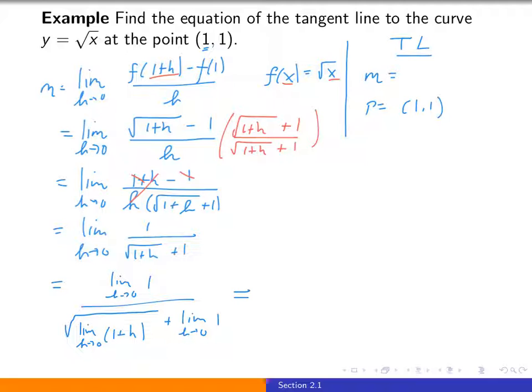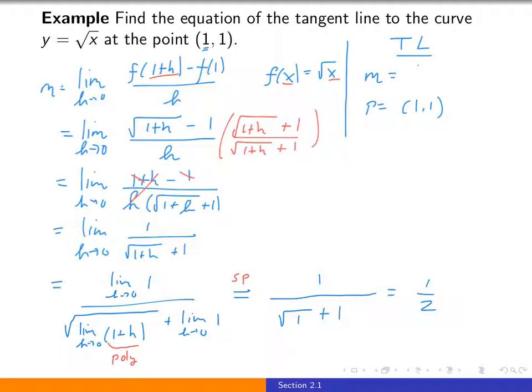And now we can simply plug in h equals 0 because 1 plus h here is a polynomial. So using the substitution property, the limit of the first term in the bottom will be the square root of 1. And the other two remaining limits are simply constants. And the limit of a constant is that constant. So the value of this limit ends up being 1/2.